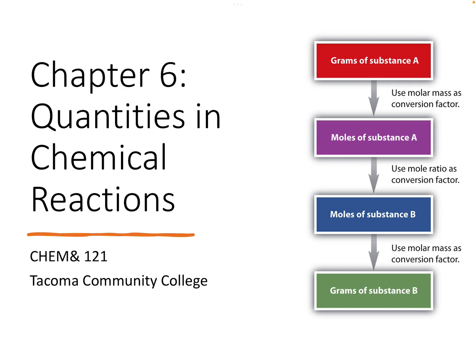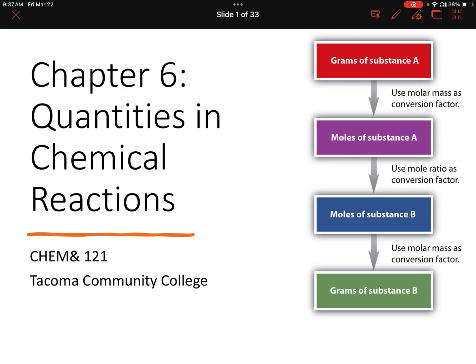Unfortunately, there isn't a direct way to calculate grams of one substance from grams of another substance. We do have to go through a quantity called the mole. So off to the side, there's a chart showing how we do those calculations. If we're given grams of, let's say, our reactant, substance A, we can predict how many grams of our product would form, and let's call that substance B. So again, we have to go through this quantity called moles first.